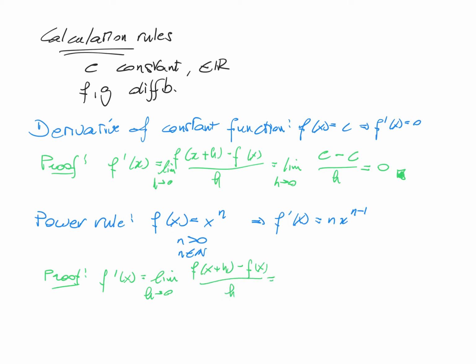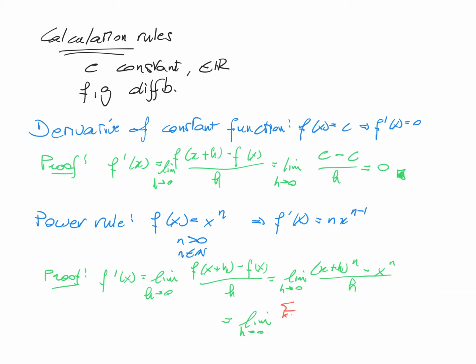So plugging this in is the limit for h to 0 of x plus h to the power n minus x to the power n, over h. This is the limit h to 0, where we use the binomial theorem, which we will see in a later chapter.